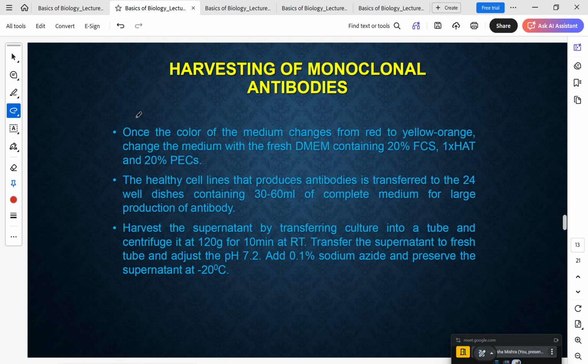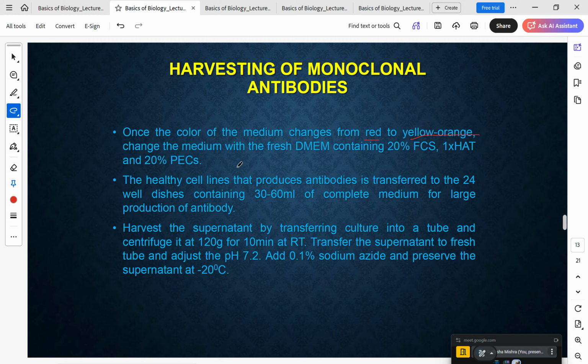If the pH is physiological, around 7, then the media stays red. If the pH is more acidic, because the cells have utilized the components of the media and excreted out some stuff, the media becomes acidic, and it will change to a yellow orange color. This is the sign that you need to change the media of the cells.